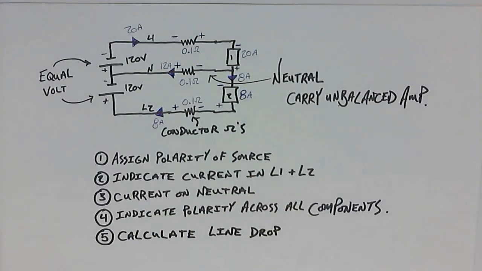So calculating line drop is simply going to be calculating the voltage that is dropped across each one of these conductors.